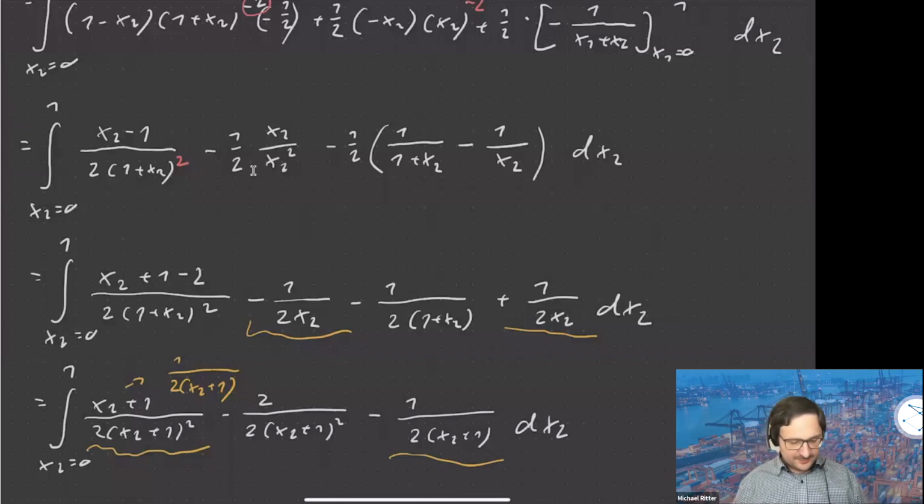And to do that, I need a numerator of x2 plus 1, like here in the denominator, which I don't have. I have x2 minus 1. So what I'm doing here is basically I'm just adding 2, and then I'm subtracting 2. So that doesn't change the value overall. But adding 2 to this expression means I get this x2 plus 1. And then, of course, I have to subtract this 2 again.